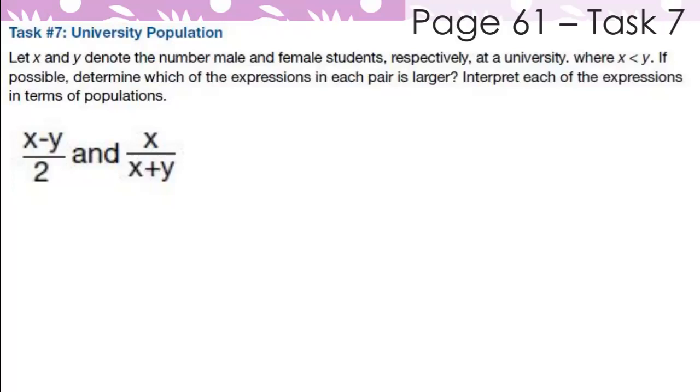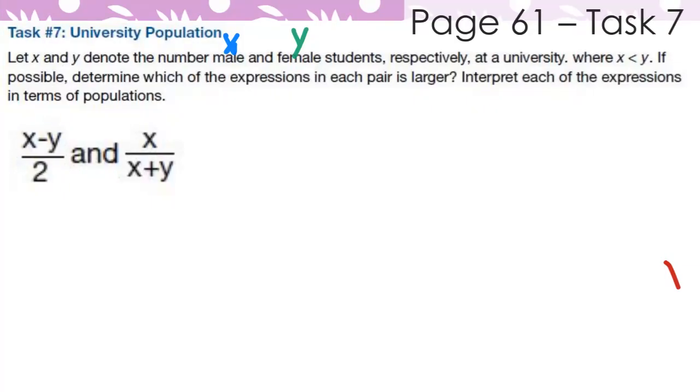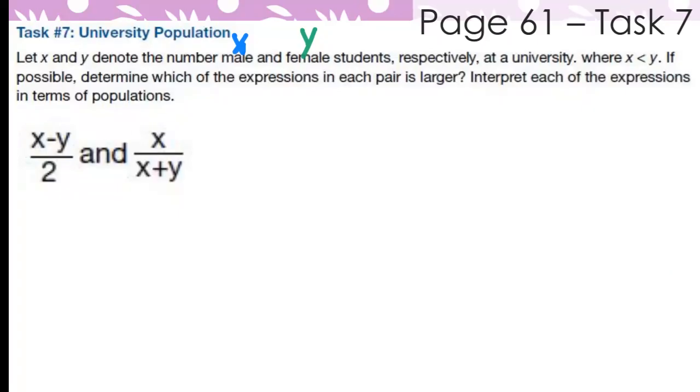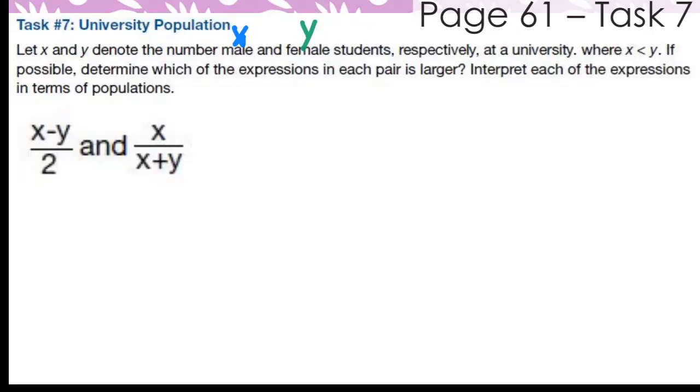Just to help refresh your memory, it says, let X and Y denote the number of male and female students respectively. So the males are the X's and the females are the Y's, where X is less than Y. If possible, determine which of the expressions is larger by interpreting each of the expressions in terms of population. So they're trying to say what's going on in each of these expressions.